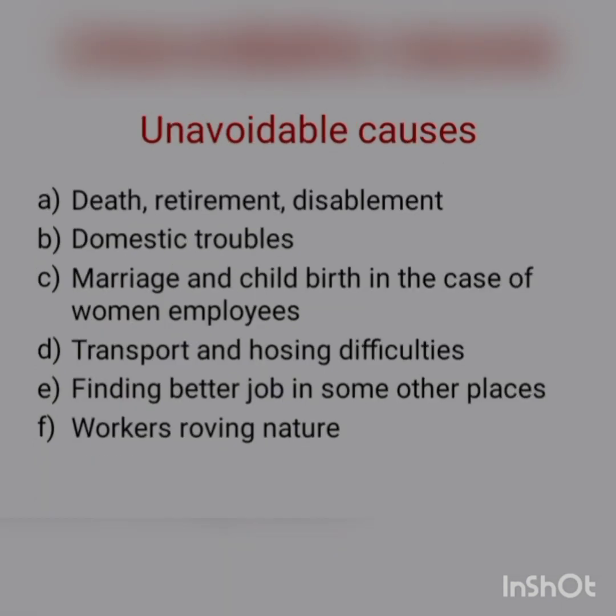Next, I am going to share some points about the unavoidable causes of labor turnover. These causes cannot be avoided inside the organization: death, retirement, and disablement of the employees, domestic troubles in their families, marriage and childbirth in the case of women employees, transport and housing difficulties to the employees, and workers finding better jobs at other places.